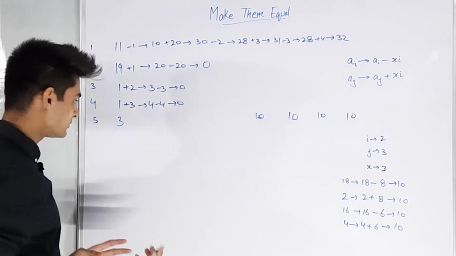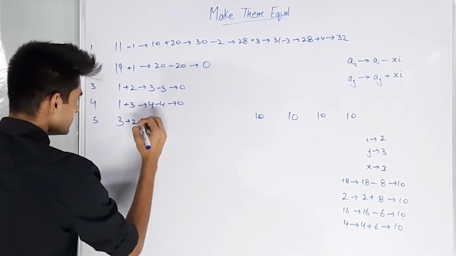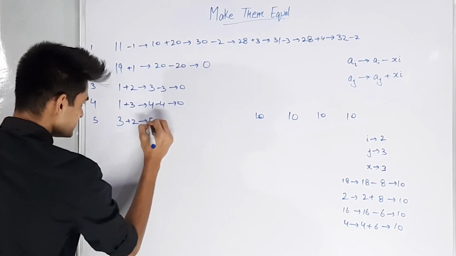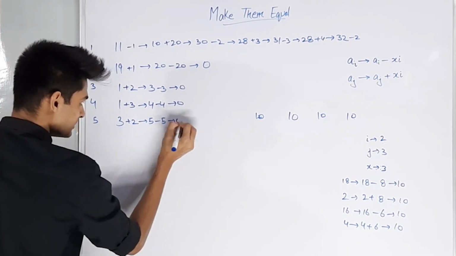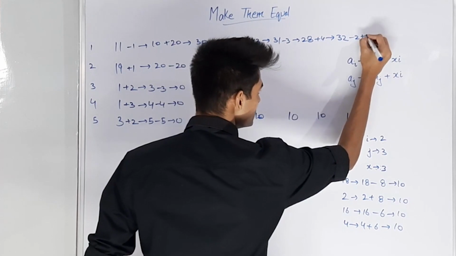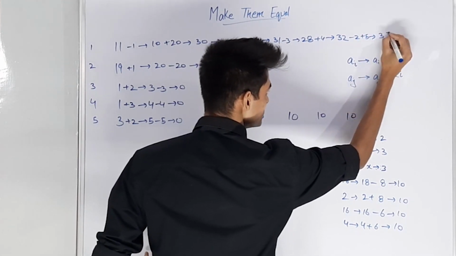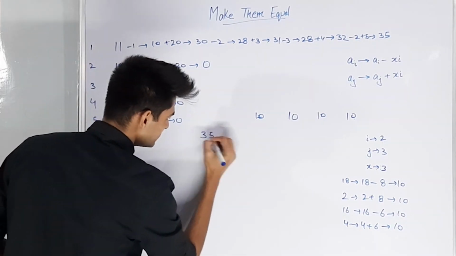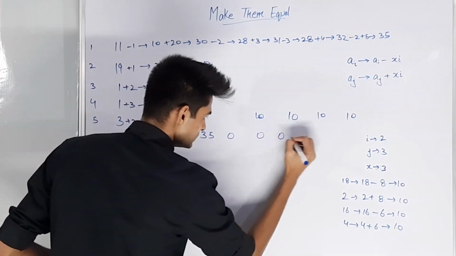Now we follow the same approach: we add 2 to this place and remove 2 from index 1, and then this becomes 5. Then we subtract 5 and this becomes 0, and we add this 5 to index 1. So in total this becomes 35. And now our final array becomes 35, 0, 0, 0 and 0.